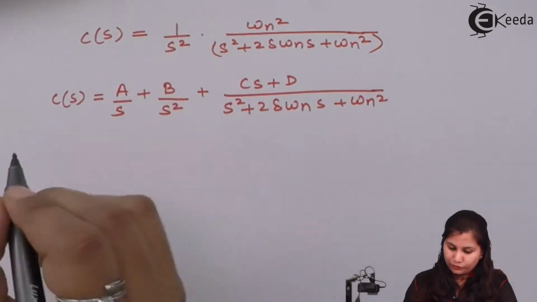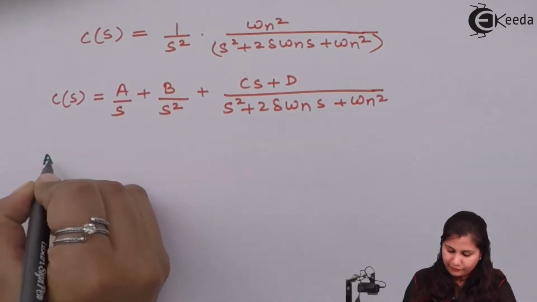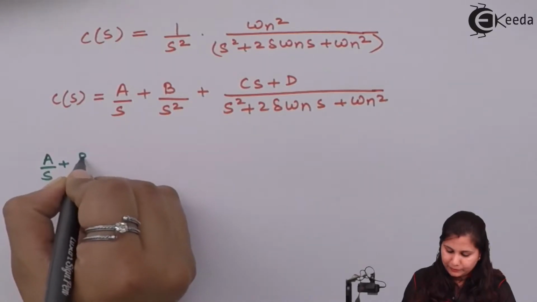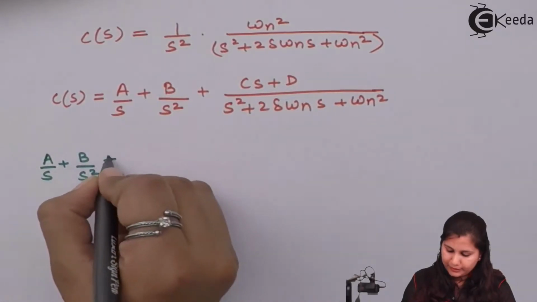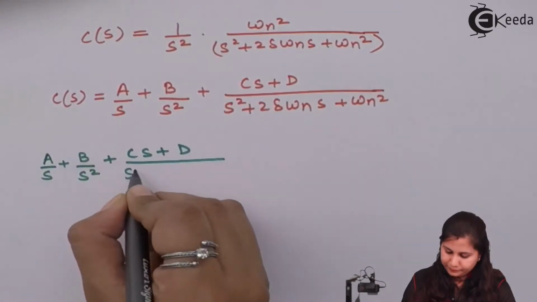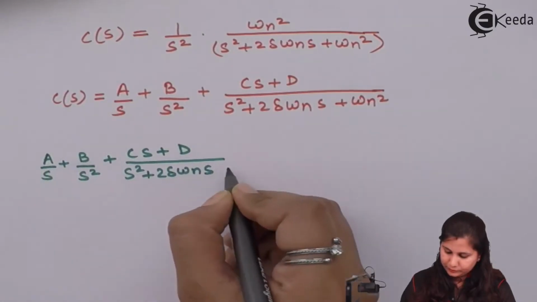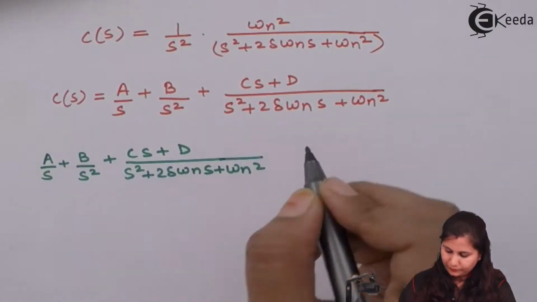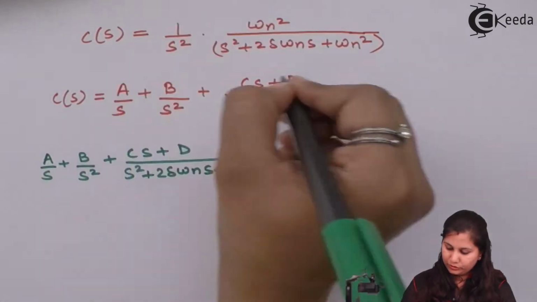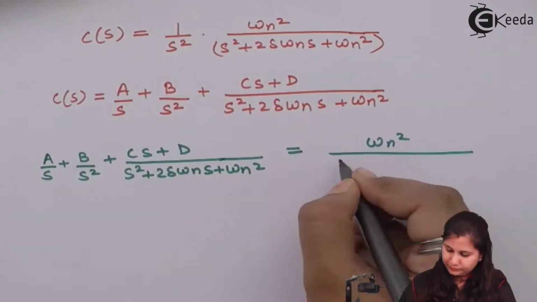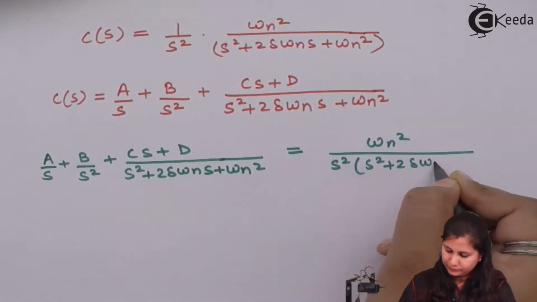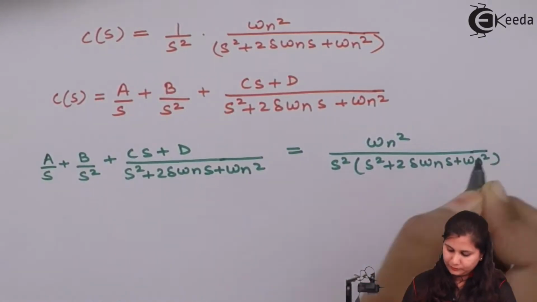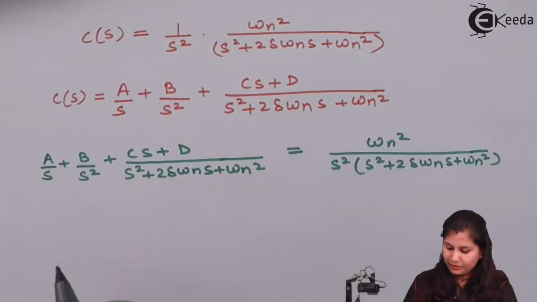So we have A by s plus B by s square plus (Cs plus D) upon the quadratic, and this will be equated to the original term. Get the LCM here.